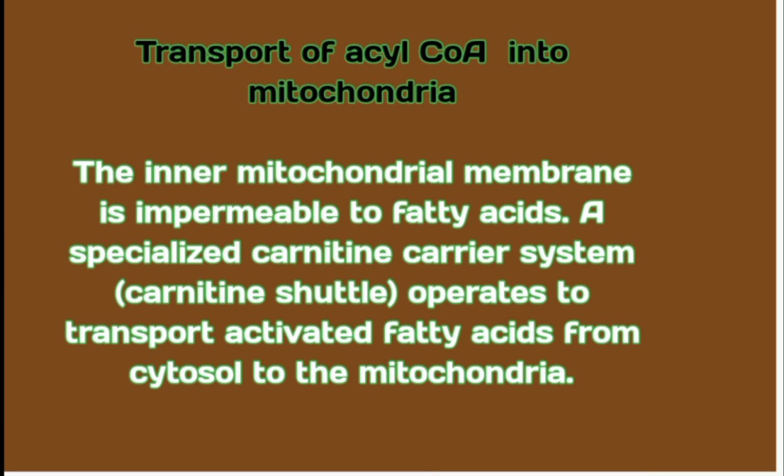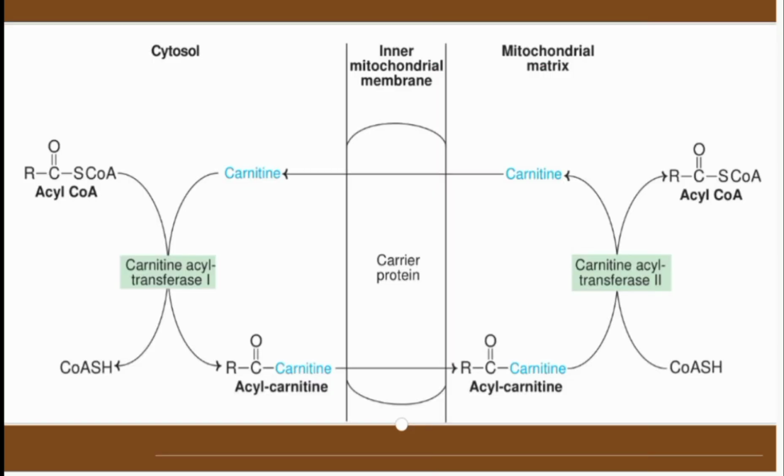So let's look at it. You can see the acyl-CoA, acted on by the enzyme carnitine acyltransferase 1. The coenzyme A is removed and carnitine is added to the acyl-CoA to produce acyl carnitine, which is transferred through the inner mitochondrial membrane because acyl carnitine is permeable to the membrane.